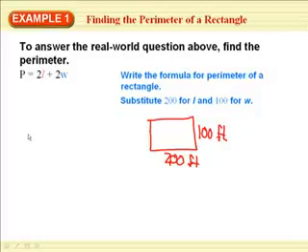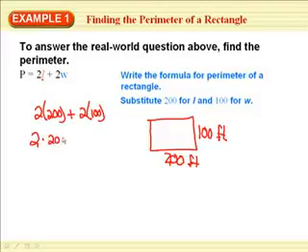So we have 2 L's, so that's 2 times L when it's written that way. So 2 times the length, which is 200, plus 2 times the width, which is 100. Notice I'm putting parentheses. That means to multiply. I could do it this way, 2 times 200 plus 2 times 100.